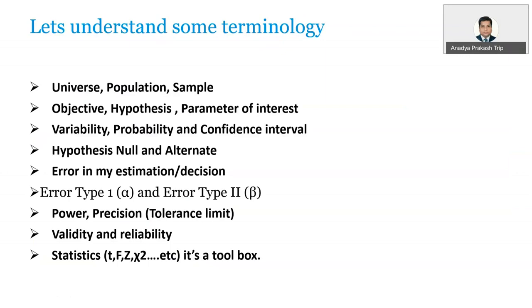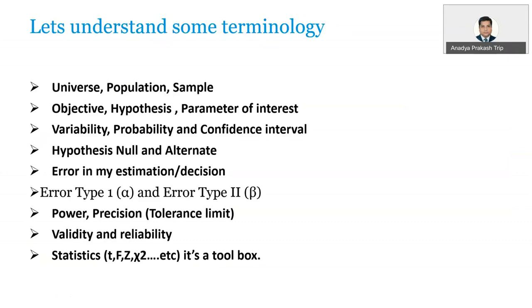So based on your research objective, you have a certain problem on which scale or on which parameter you are going to measure your objective. To achieve your objective, you are going to measure certain things. It may be a different scale, it may be a different way of assessing or measuring it.